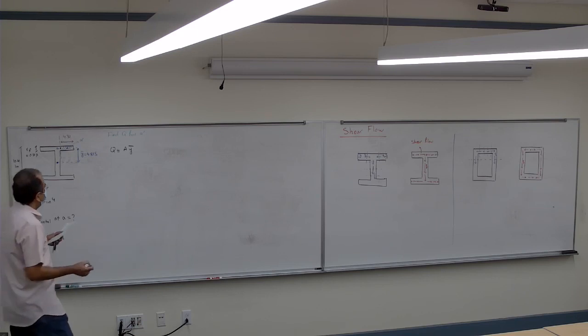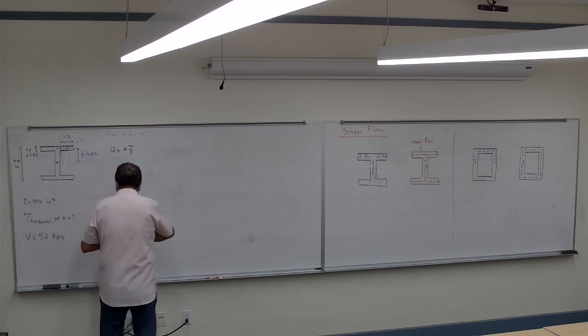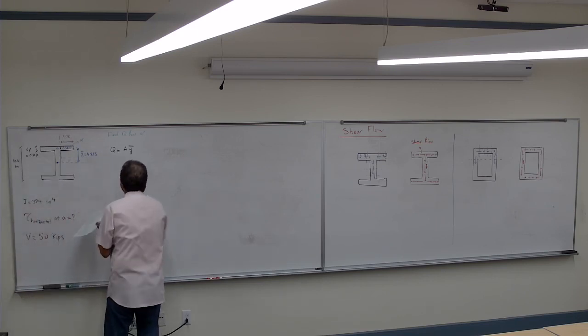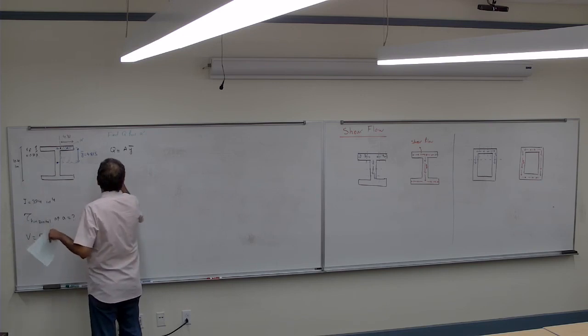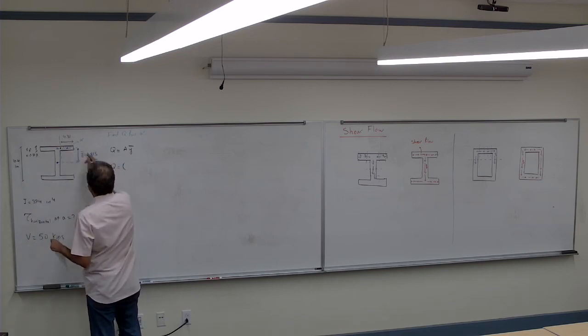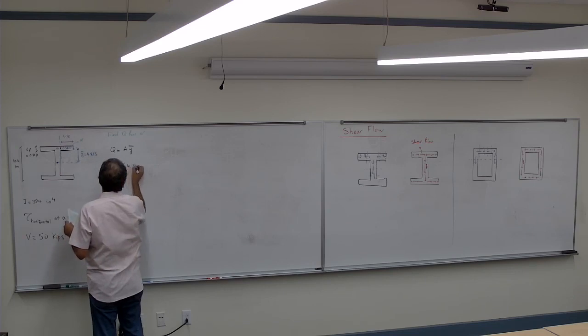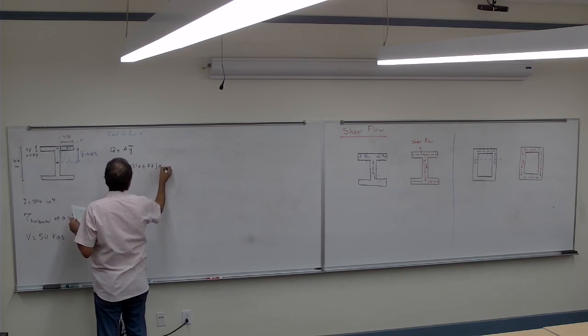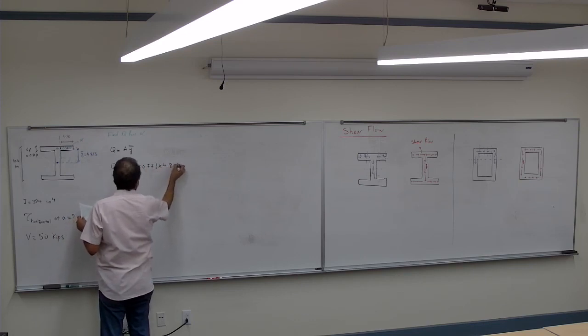So now if I go ahead and put there, the area is 4.31 times 0.77 multiplied by 4.815.